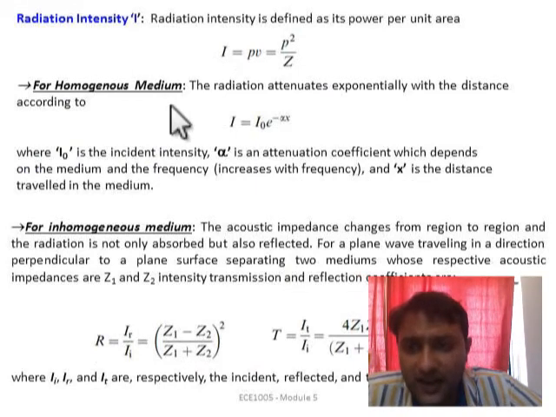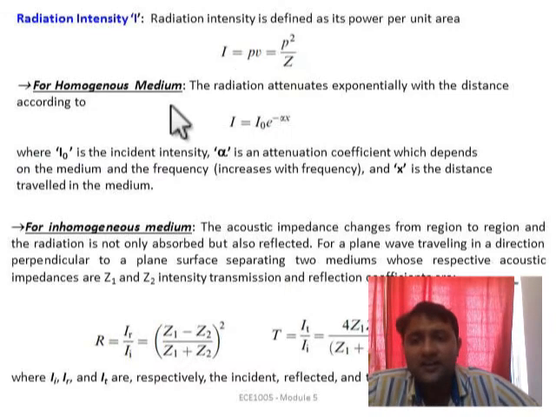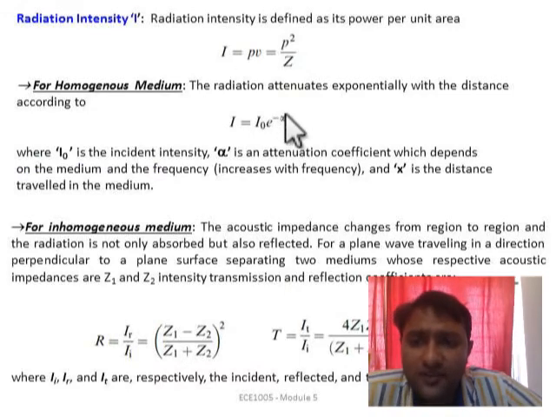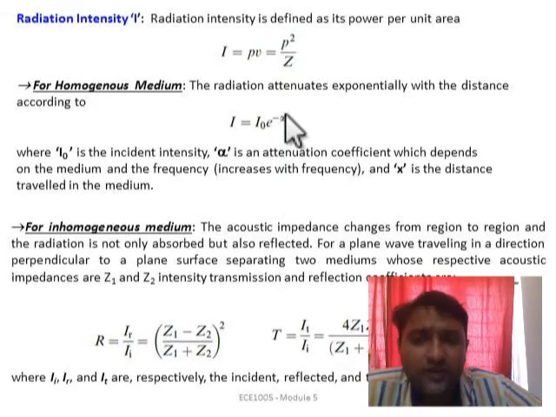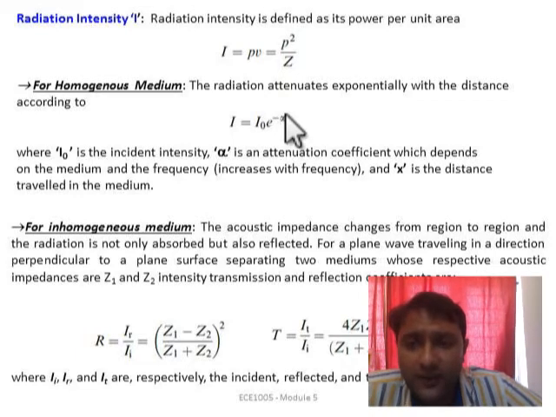The media can be generally classified as two: homogeneous media and inhomogeneous media. In a homogeneous media, the reflection and the transmission are both in the same media, wherein Z1, the impedance offered by the media, is the same.